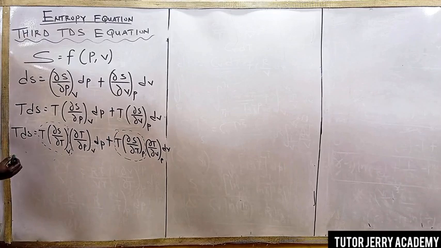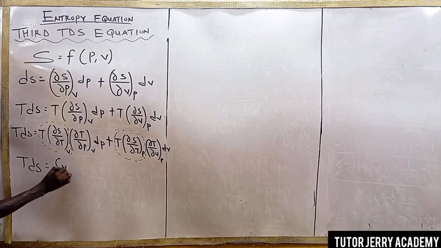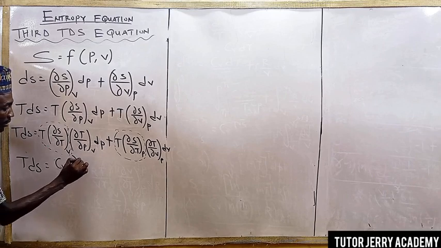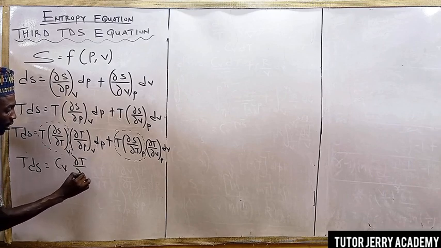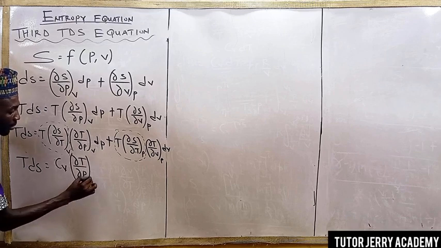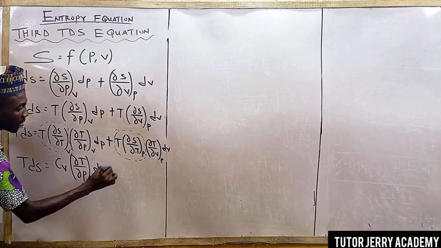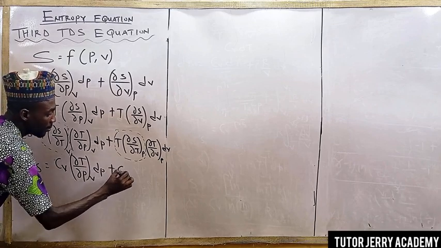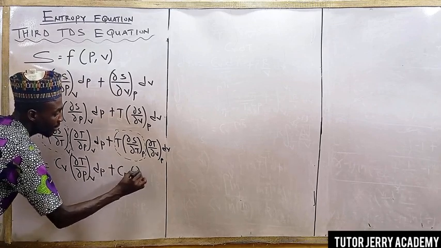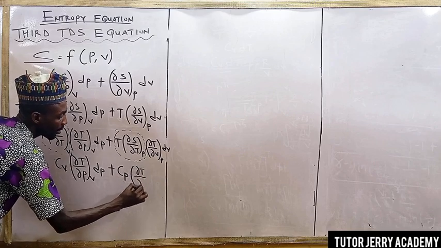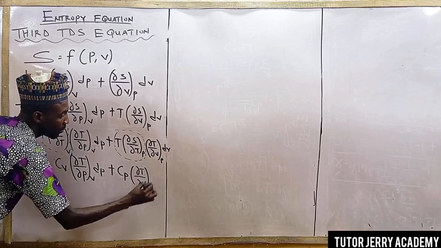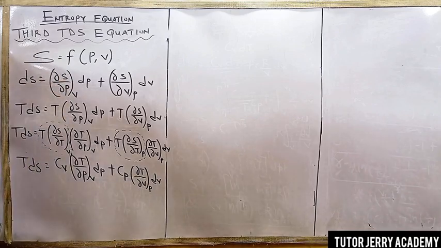So we can replace them. We are going to have T ds equal to Cv, the partial derivative of T over the partial derivative of p, keeping v constant, dp, plus Cp times the partial derivative of T over the partial derivative of v, keeping p constant, dv.